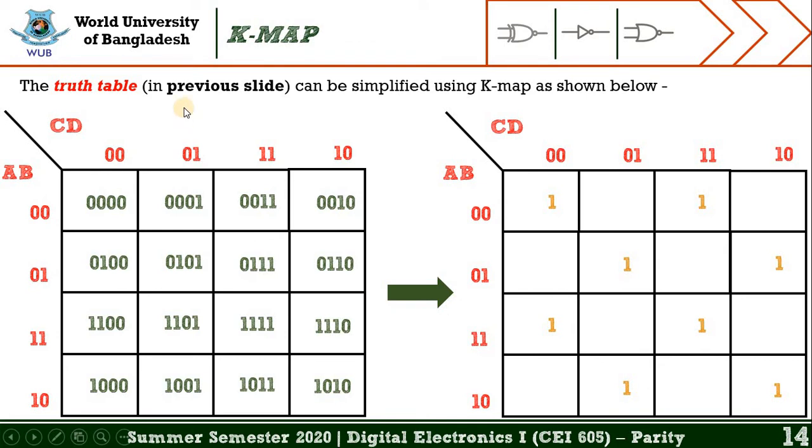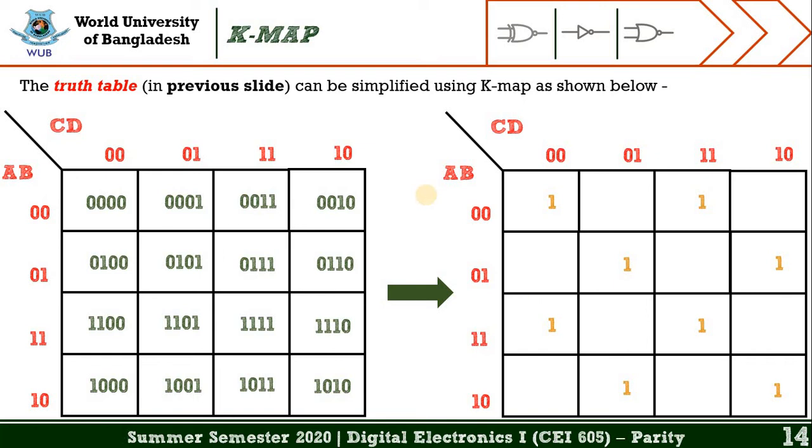And from this slide we may learn the Karnaugh map of the odd parity checker. From the previous slide we have already known the truth table of the odd parity checker, and if we convert the previous truth table into a Karnaugh map, then we get the left Karnaugh map of this slide.